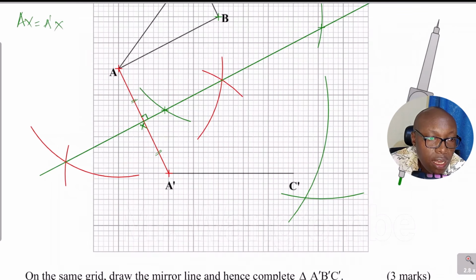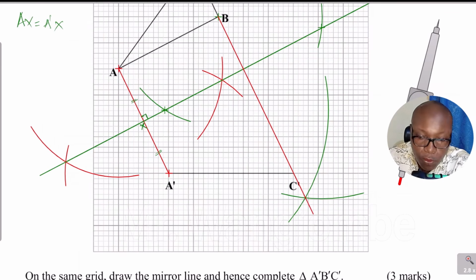Then using a straight line, use a ruler for this, join B to the point of intersection, so from B to this line here. You can see now you've dropped a perpendicular, and therefore this one is 90 degrees.